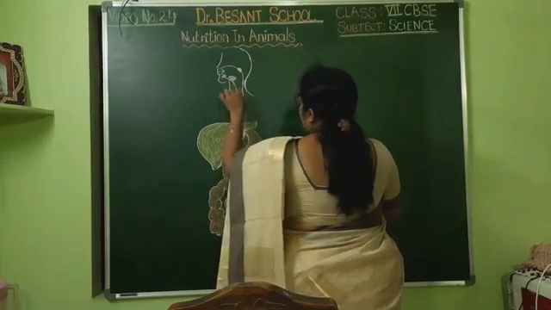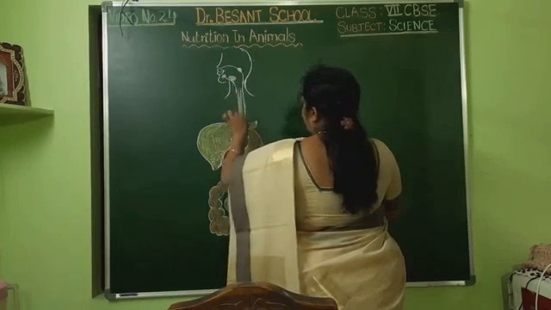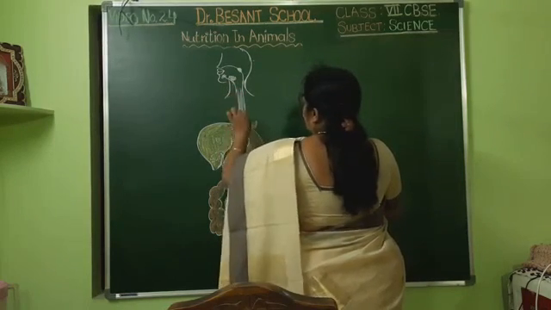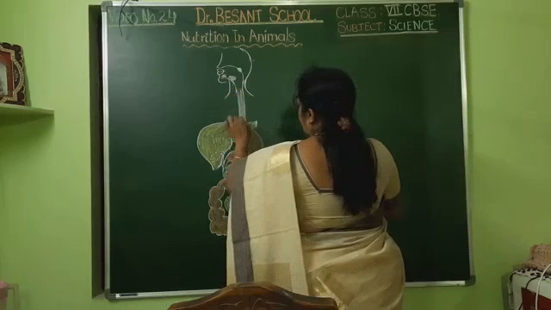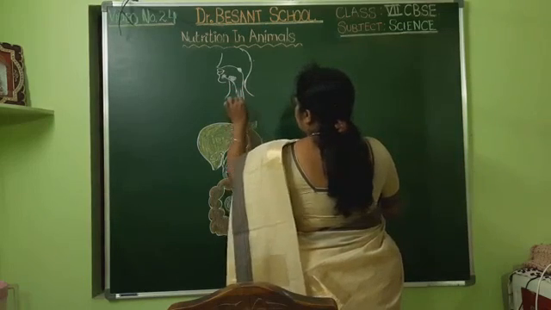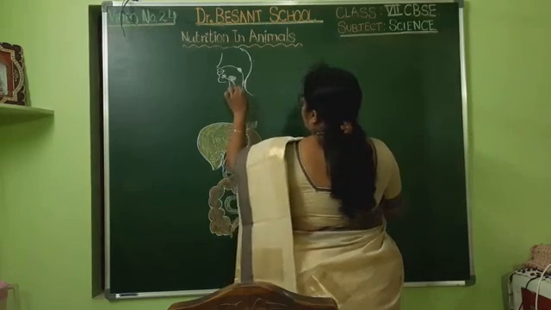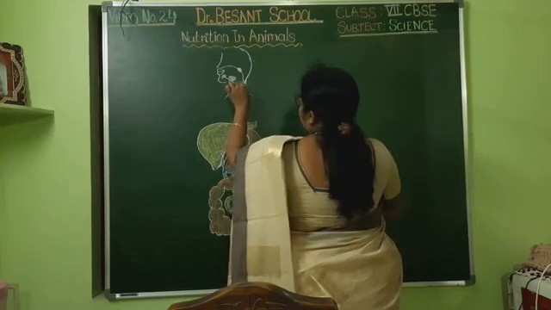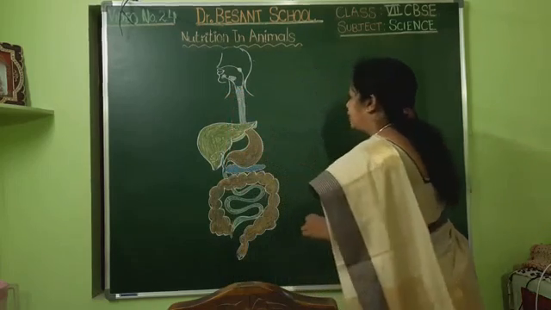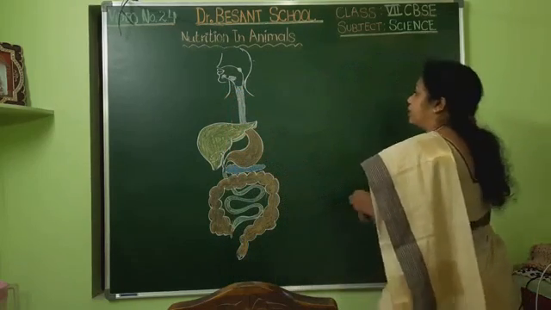This part I color only with white color for your understanding. You are able to understand the diagram, the different parts you are able to identify, isn't it? Only till there I have colored so that you are able to identify.